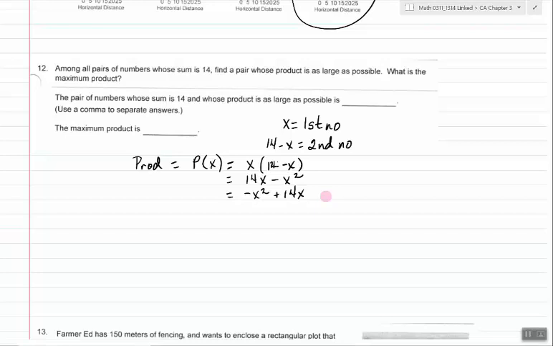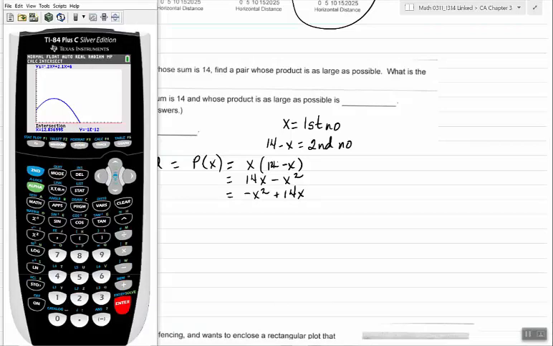The two numbers, well, let's go to, believe it or not, let's go to the y equals. Let's clear this out. Put in negative variable x squared plus 14x, and just do a zoom 6.